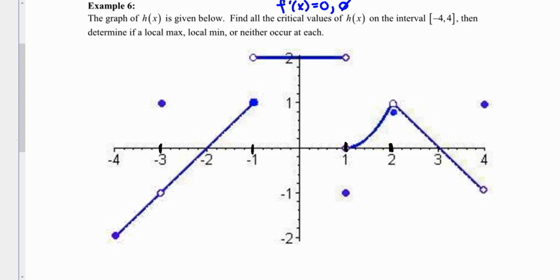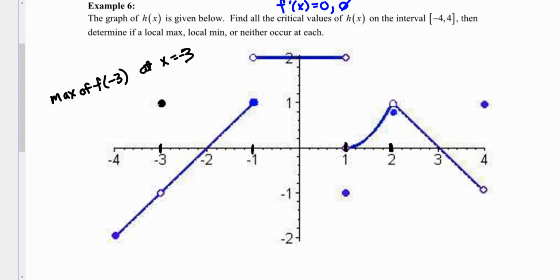And remember, we are not including our endpoints for local maxes or mins. So at x equals negative 3, this point right here, there's a maximum value of f of negative 3 at x equals negative 3.